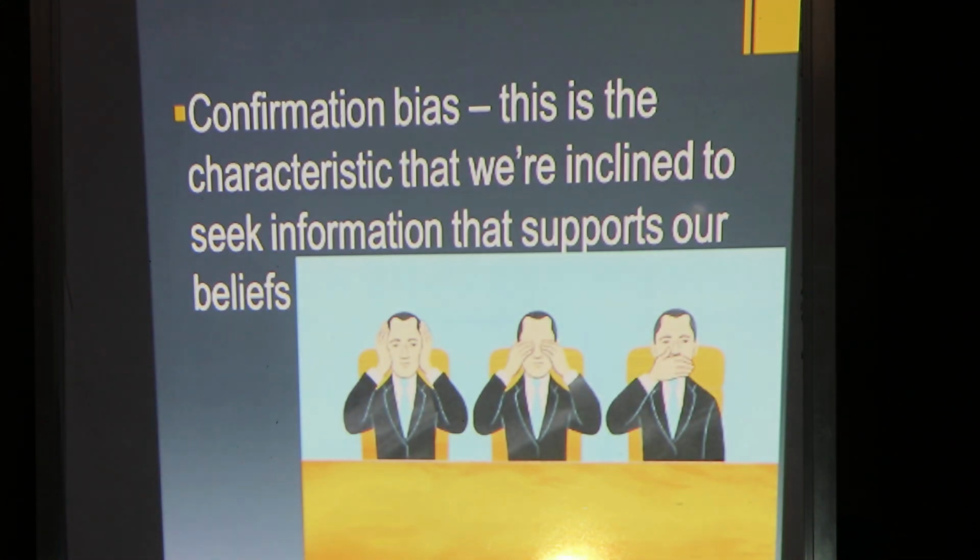Another one is confirmation bias. "Go ahead, tell me what I want to hear." There are many like that. Some CEOs hire consultants not necessarily to give them advice, but to confirm what they already know, to confirm their beliefs.